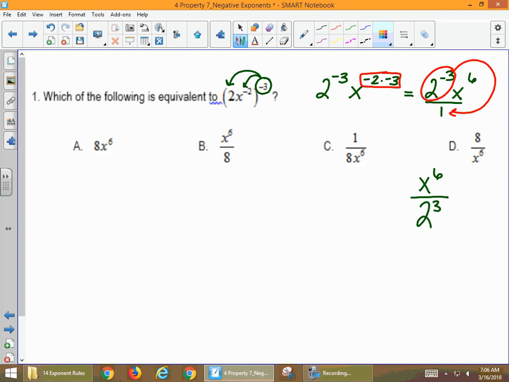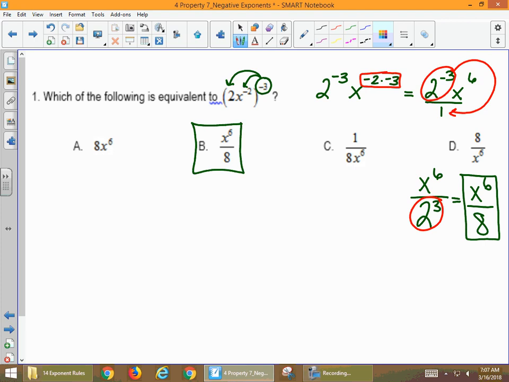Now, since I'm moving over the fraction line, I change the sign of my exponent. X to the 6th on top, 2 to the 3rd on the bottom. And then 2 to the 3rd, you can put that in Desmos or in your calculator. 2 to the 3rd is 8. That's the last thing we're doing here, is just putting that in our calculator. And x to the 6th stays as x to the 6th. And that is B.